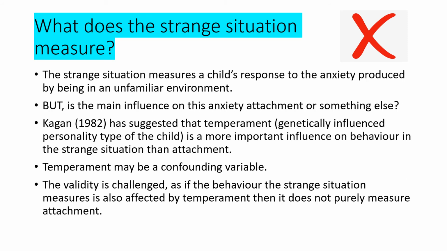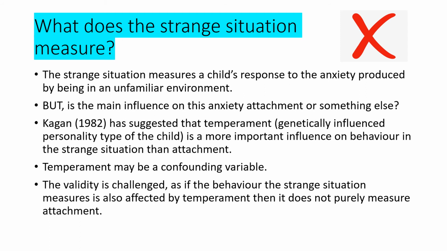Another limitation is, well, what does the strange situation measure? Are we measuring attachment type or temperament? And by temperament we mean genetically influenced personality type of the child. So it's something that cannot be changed because it's a genetic thing.